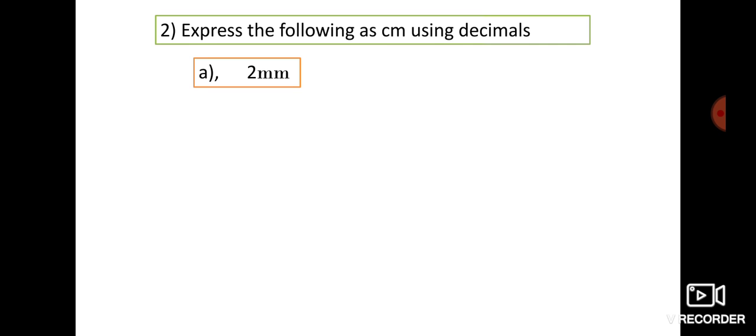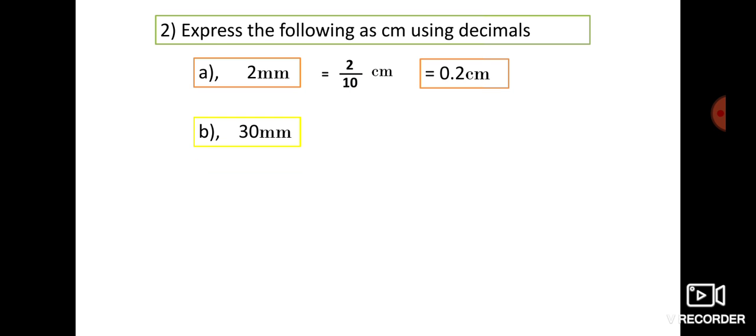So, 2 millimeter equals 2 by 10 centimeter. The denominator has one 0, so we mark the decimal point after one place from the right side, like this: 0.2 centimeter. The decimal form of 2 by 10 is 0.2. Here you can see 1 digit after the point because there is one 0 in the denominator.